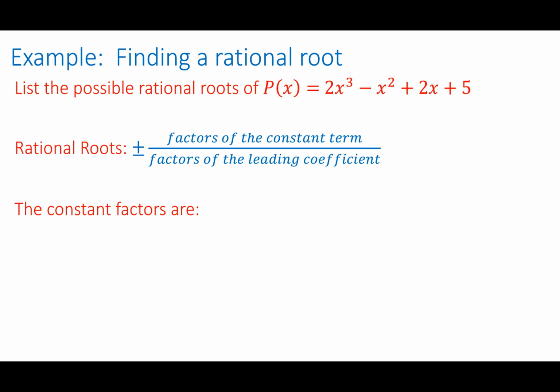What are the factors of my constant? Correct. Plus or minus, I'll just write them in order. Plus or minus 1, plus or minus 5. It's constant, I can only do 5 times 1 to be able to get 5. What are the factors of the leading coefficient?